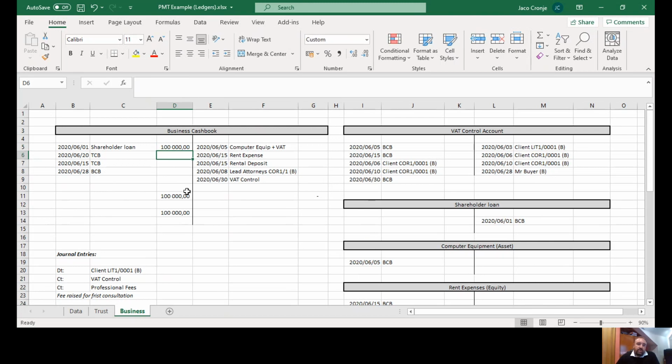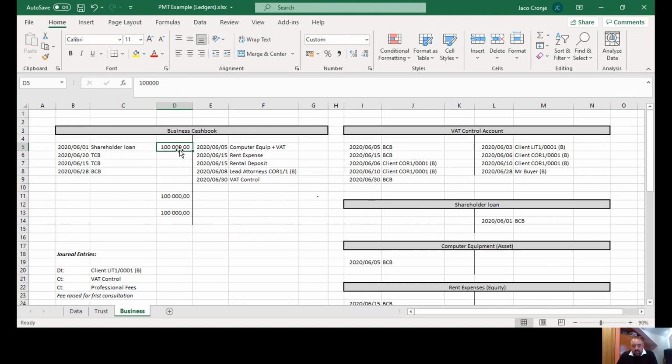Then I've already set up a little Excel formula just to keep a running balance of the bank. So now I've entered the debit leg of my transaction. Now I need to enter a credit transaction to the same value. So what am I going to credit? What are the two things that happen? Let's look at me as the business.